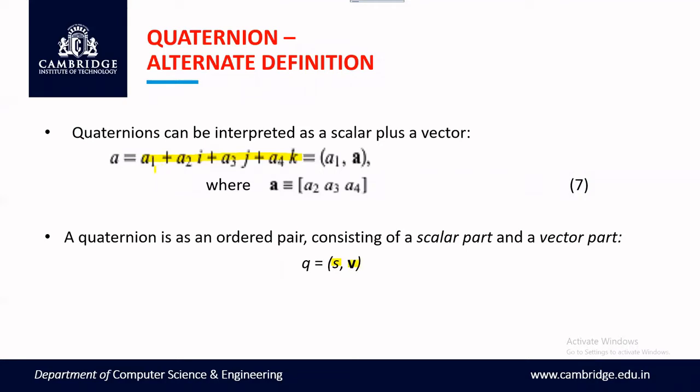The scalar part is nothing but A1 here, and the vector part is A2 i plus A3 j plus A4 k. That is what we represent within square brackets. So a quaternion alternately can be represented by the scalar part and the vector part. Now what is the advantage of this? We will see.